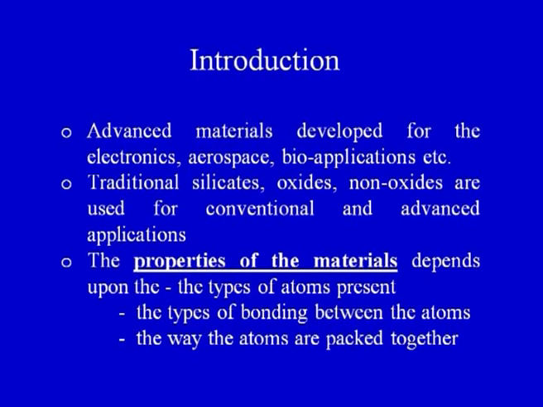Point number 2: traditional silicates, oxides, and non-oxides are used for conventional and advanced applications. This highlights the classification of ceramics which we covered in lecture number 1, that on the basis of composition, ceramics can be classified into 4 broad categories: first, the silicates; second, the oxides; third, the non-oxide ceramics; and finally, the glass ceramics.